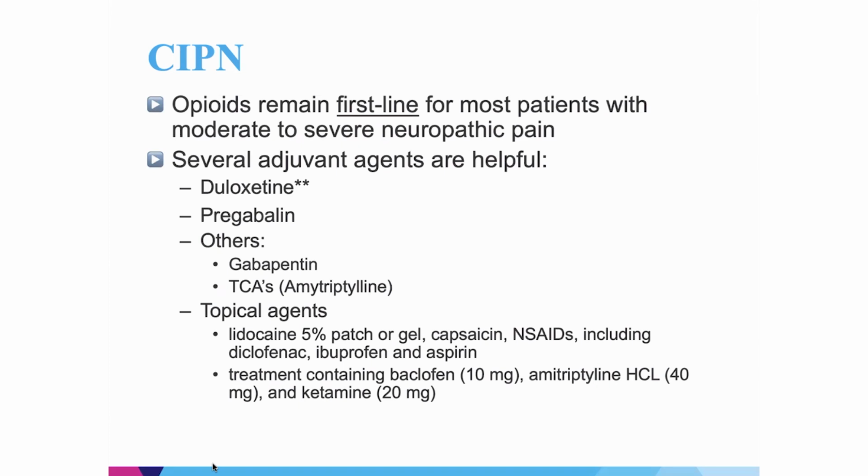So how do we treat chemo-induced peripheral neuropathy? This can sometimes be a little bit of a complex question because often, if someone comes in and they have advanced cancer and they're having severe neuropathic pain, it's appropriate in that scenario to give opioids as first line because opioids will kick in quicker than any of our adjuvant medicines.